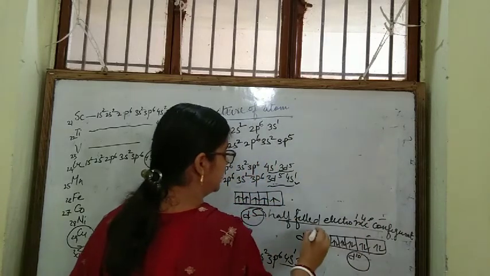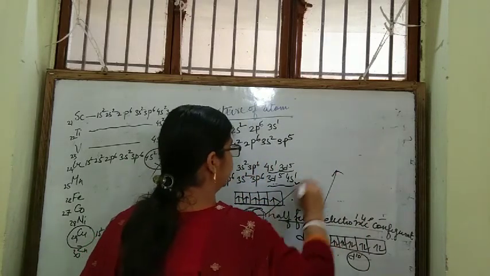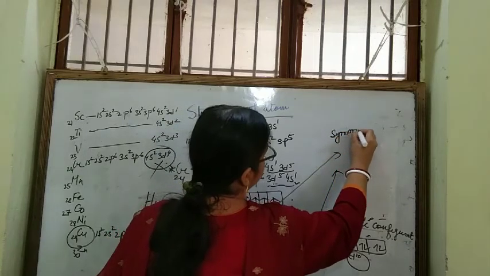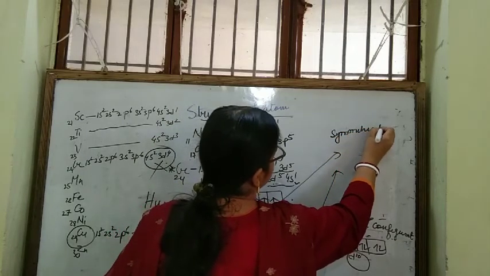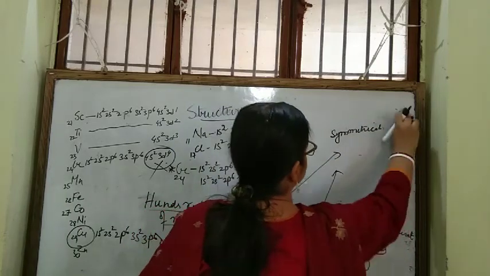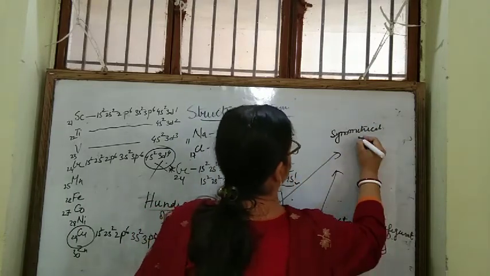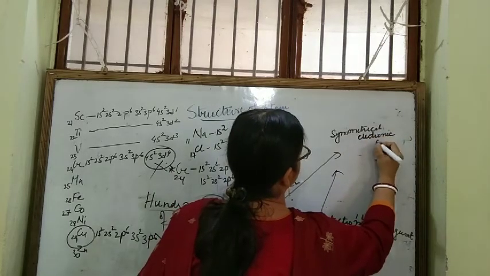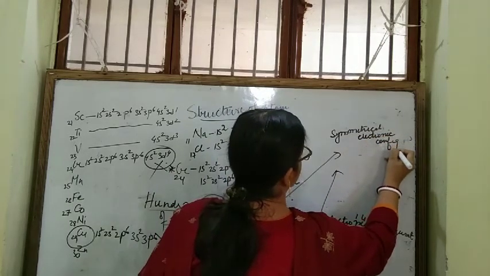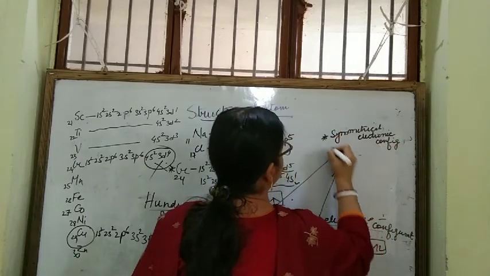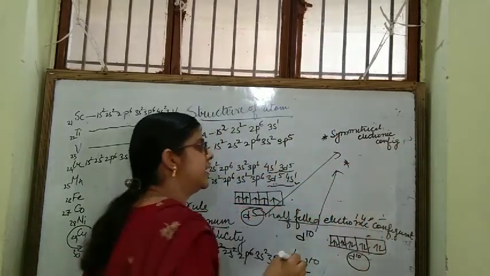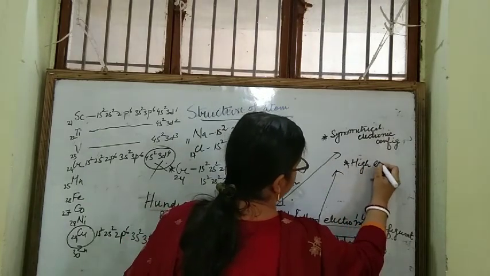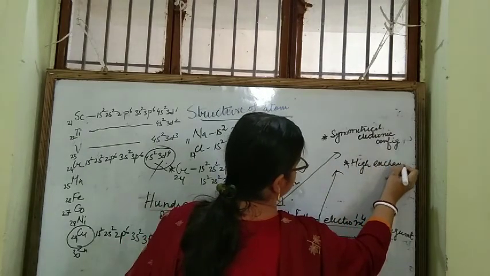The d10 and d5 have symmetrical electronic configuration. And another is that it has high exchange energy.